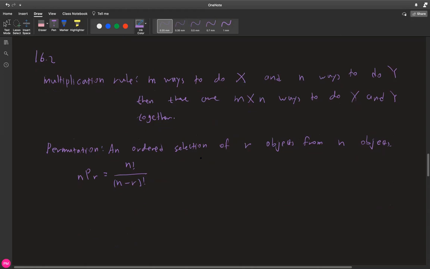Or if we had 30 committee members and we want to elect, let's say, a president, vice president, treasurer, and secretary, that means we need to select 4 people out of 30 people. But because we have labels for each position, that's when we use the permutation, because the order matters. Who comes first, who comes second, always matters in that sense.